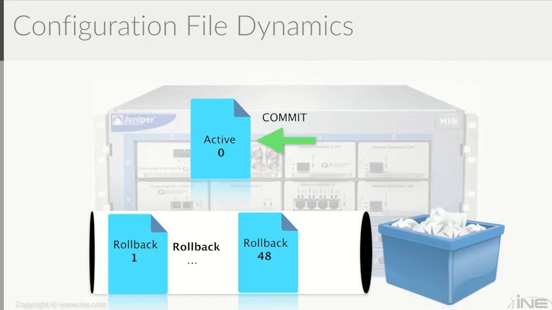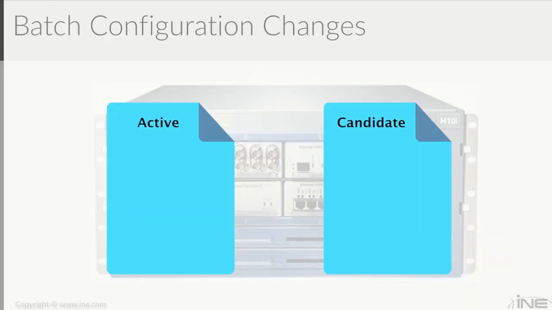That number 49 configuration, the oldest configuration, will now be erased from the system, and the one that was previously rollback 48 will now become rollback 49. The one that was previously rollback 47 will now become rollback 48, and so on.